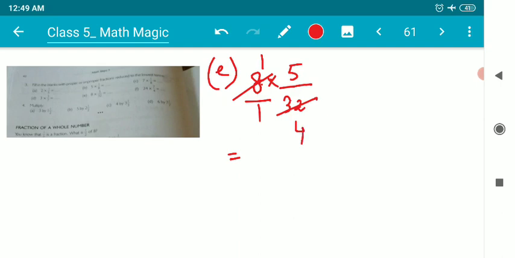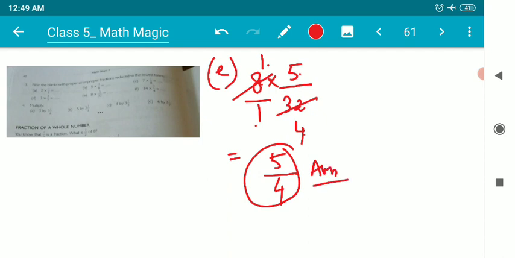So finally, what do we have, children? We have 5 ones are 5, and 4 ones are 4. So the answer we are getting is an improper fraction. Doesn't matter at all, it is absolutely okay. As the question mentions that we can leave our answer as an improper fraction, it is absolutely okay. Let us try number F, children.